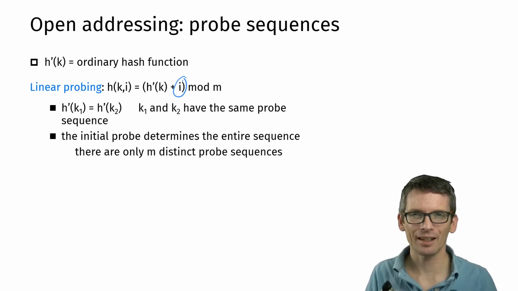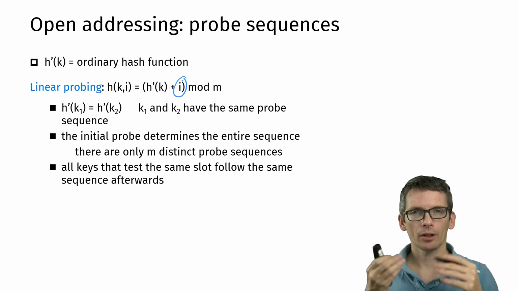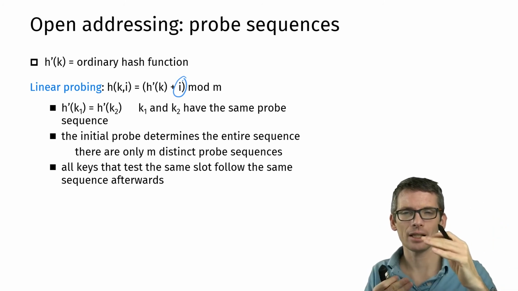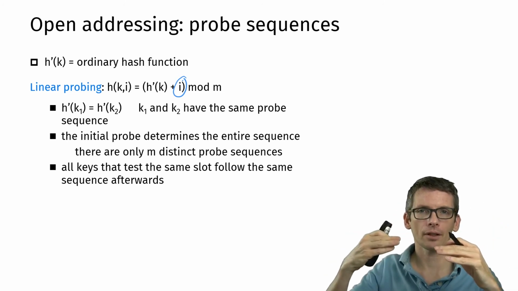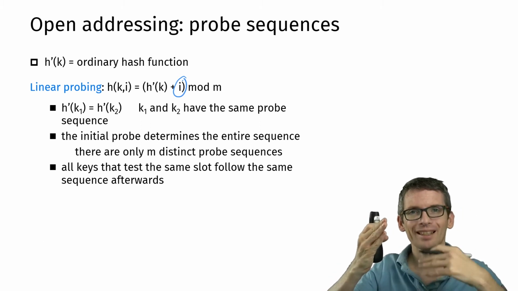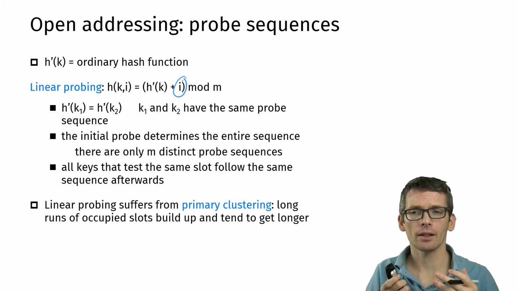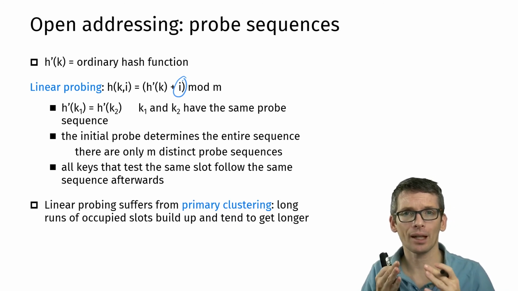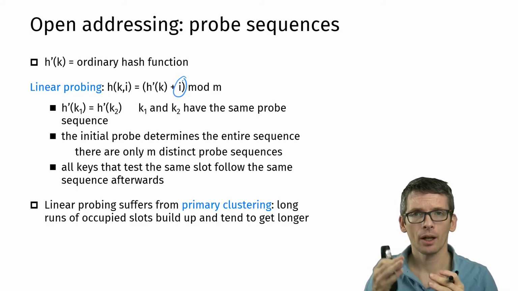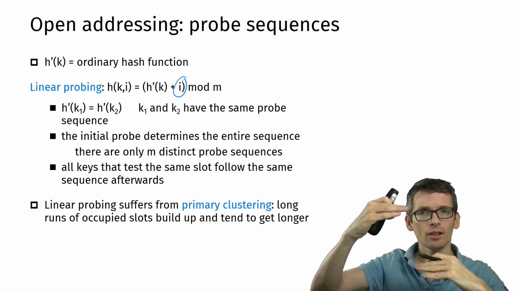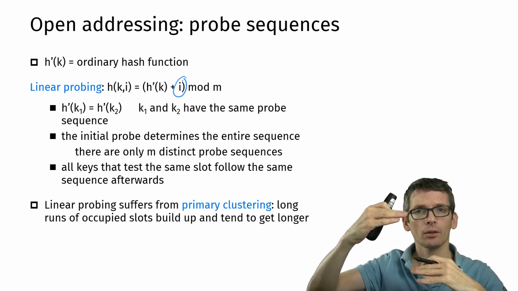But the problem is even worse, namely, as soon as a key tests the same slot as some other sequence, it will follow the same sequence from then on. What that has as a result is that linear probing suffers from something that we call primary clustering, meaning that if you have long runs in your table, those tend to get longer and longer.